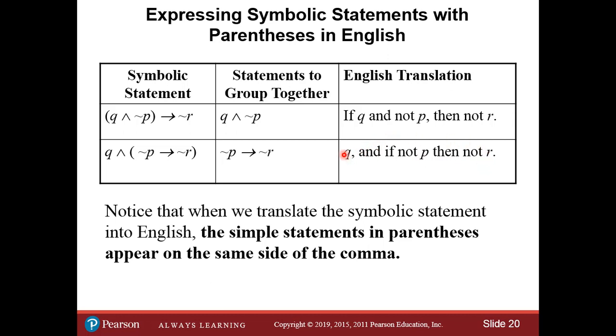So notice that the comma helps you, in a manner of speaking. Notice that when we translate the symbolic statements into English, the simplest statements in parentheses appear on the same side of the comma.